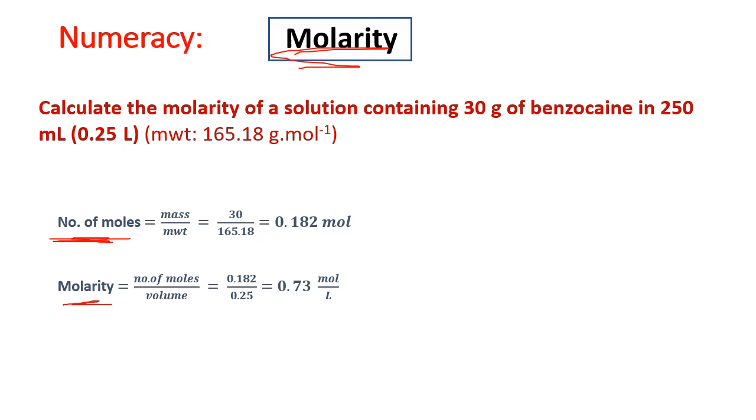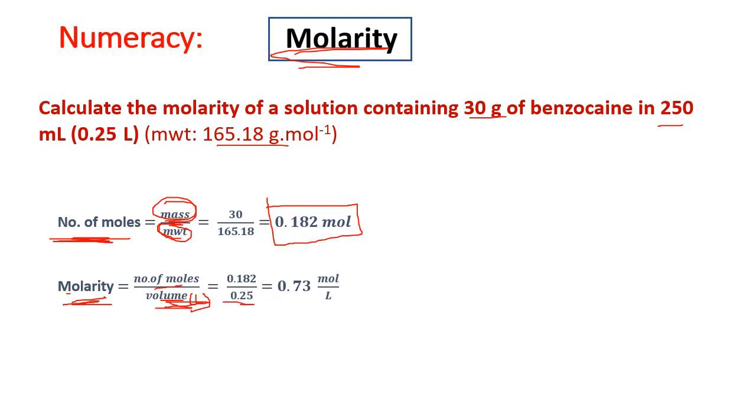The number of moles is equal to the mass over the molecular weight, or the mass over the molar mass. So if I have the mass, 30 grams, over the molar mass, then I get the number of moles. The molarity is the number of moles dissolved in the volume, but this volume must be in what? In liters. So even if he gave you 250 milliliters of solution, you need to convert this into liters and use 0.25.